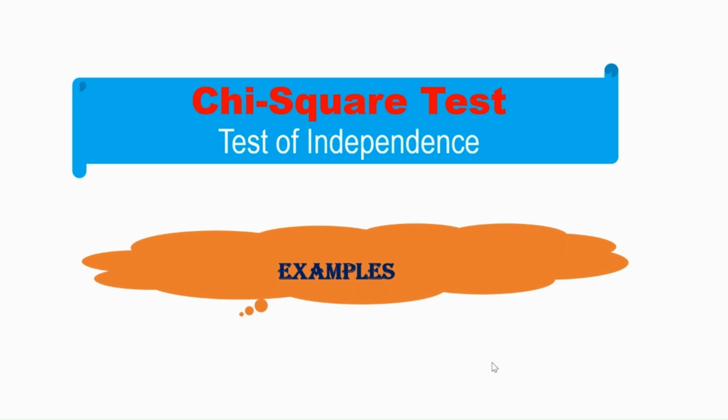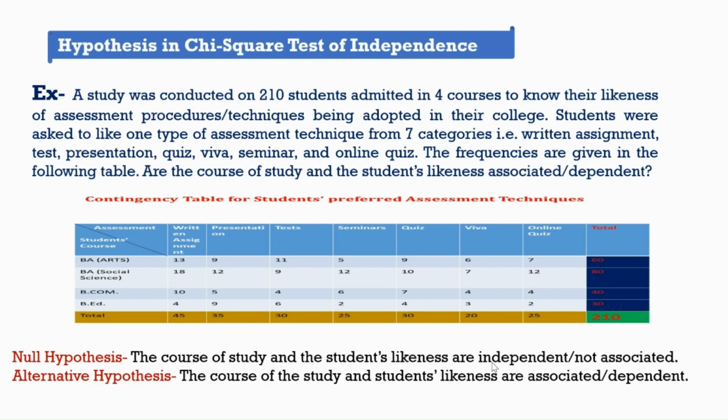With the help of an example, I will show you how to find the value of the chi-square test manually. Suppose an example is given. A study was conducted on 210 students admitted in four courses to know their likeness of the assessment procedure techniques being adopted in their college.